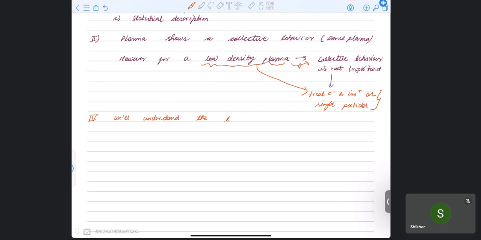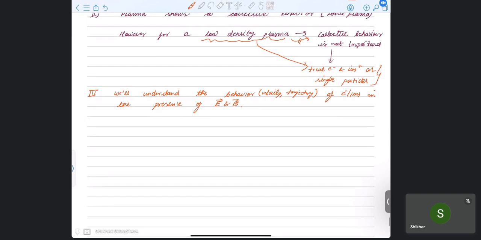By behavior I mean velocity, trajectory, those things of electrons or ions in the presence of electric and magnetic fields, different kinds of electric and magnetic fields.